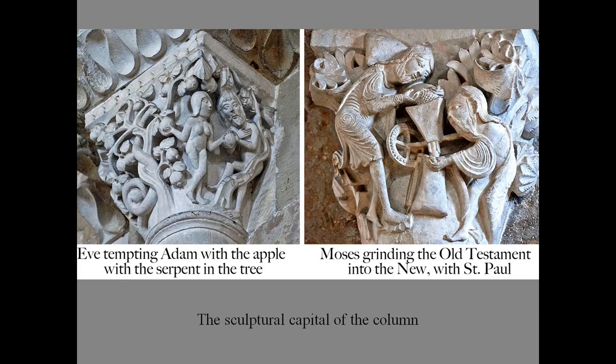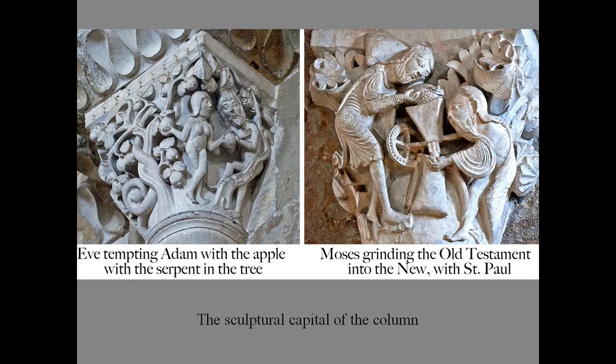So the images had some enlightenment purposes, to explain the main doctrines of the Christian Church. And on the right side, we can see Moses bringing the Old Testament into the New with Saint Paul.